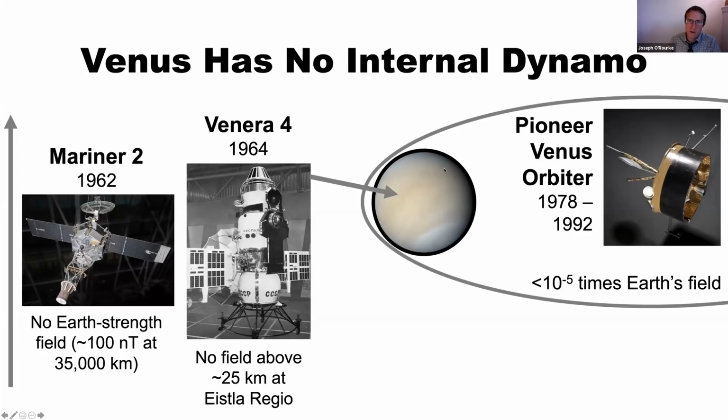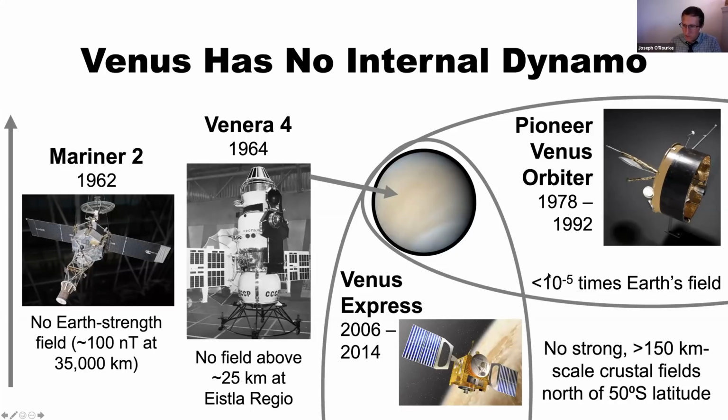Pioneer Venus orbiter was fairly magnetically clean, and it got down to just a little under 200 kilometers altitude from Venus at the equator. And it placed the strictest upper limit on the strength of any magnetic field at Venus. It found that if there's a magnetic field at Venus, its global intensity has to be less than 1/100,000th times the strength of Earth's magnetic field.